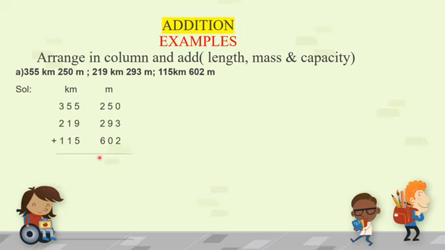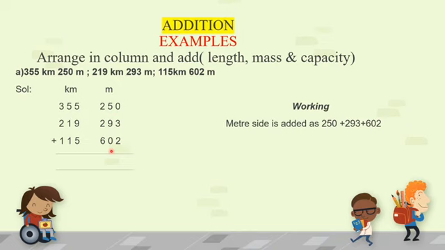After arranging the numbers, you have to add the meter side. We always start addition from the right side: ones, tens, hundreds, this way we go. So we are going to first add all the meters numbers.